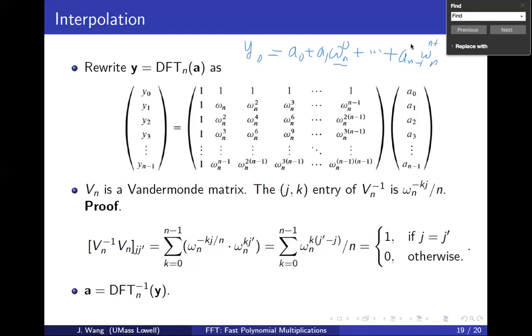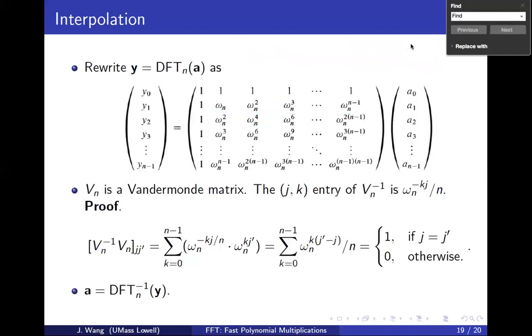So these are ones, so that's just a0 plus a1 plus up to a_{n-1}. So that is this row times this vector. Likewise, y1 will be this times this, because you just plug omega_n^1 in, and this is plug omega_n squared in, so that's what you get here. Okay, so this is linear algebra.